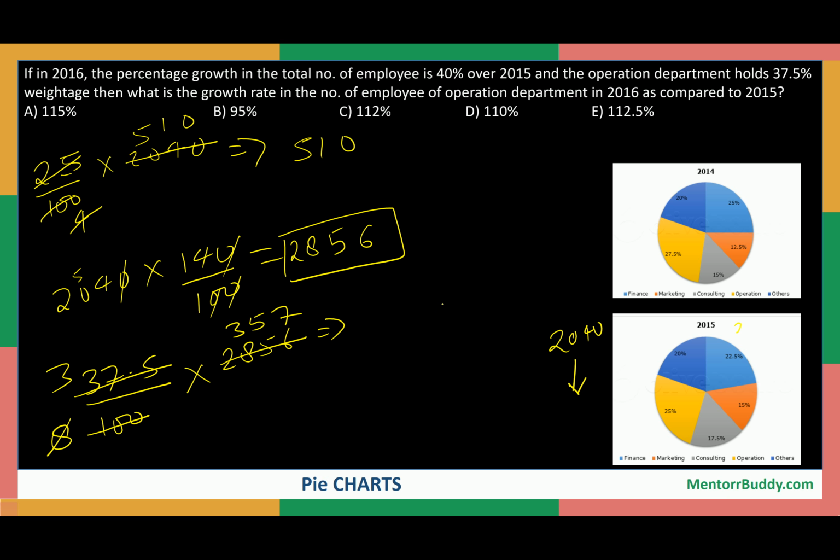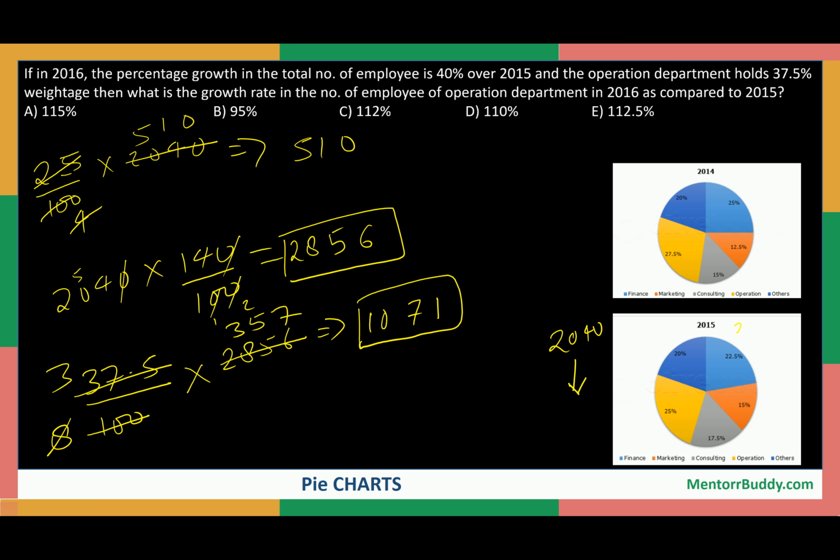7 into 3 is 21, we get 2 as carry. 5 into 3 is 15 and 2 is 17, 1 as a carry. 3 into 3 is 9 and 1 is 10. So 1071 is the count for 2016. The question is, what is the growth rate in the number of employees of the operation department in 2016 as compared to 2015?